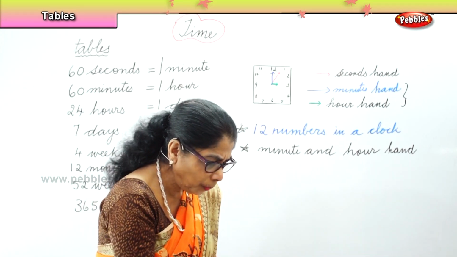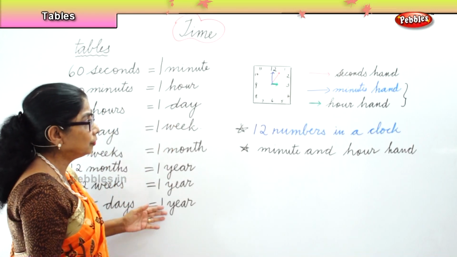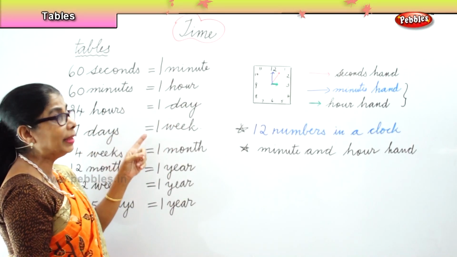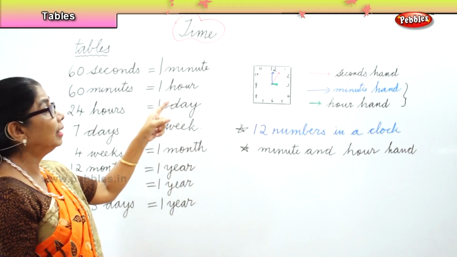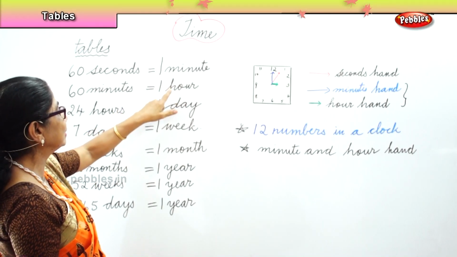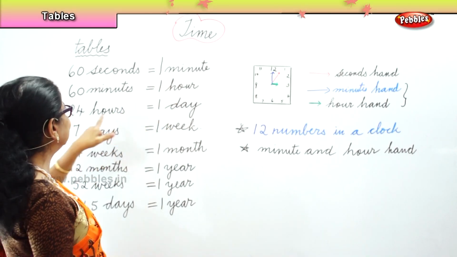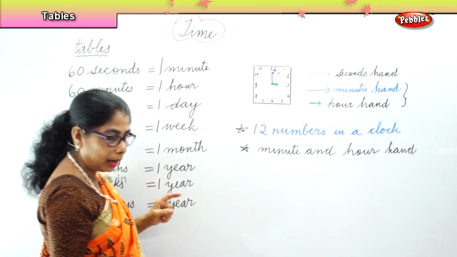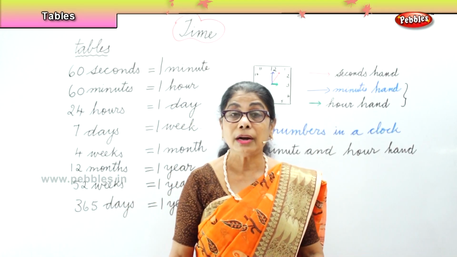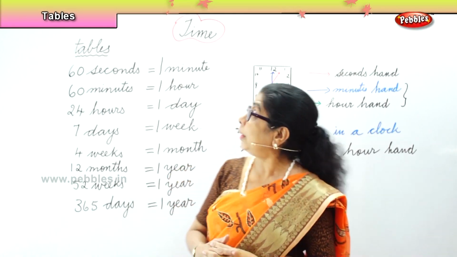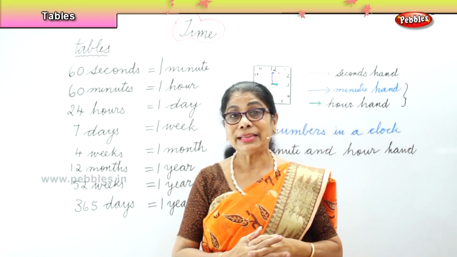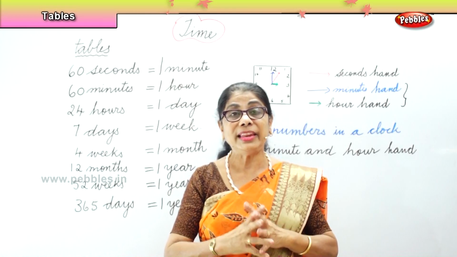Now, we need to learn this for conversion. When I say 2 minutes, how many seconds? If I say 2 days, how many hours? That is how we learn conversion. We are working with time. The tables had to be learned very carefully.